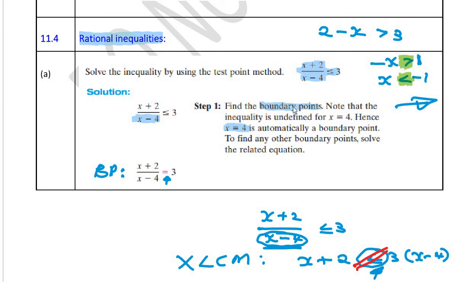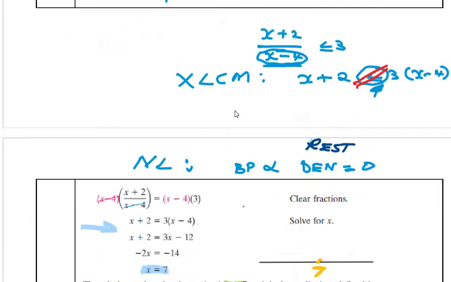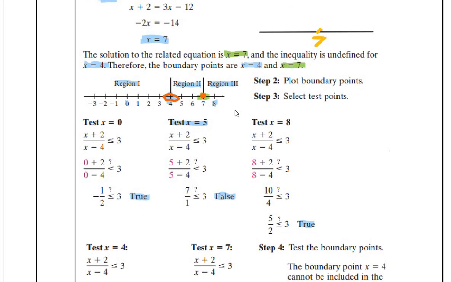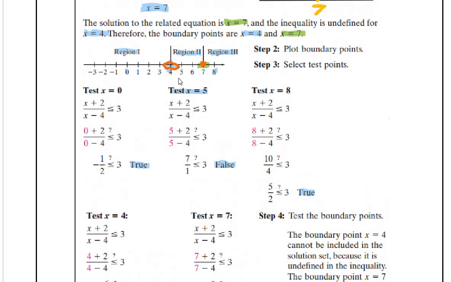Now I found the boundary point and the restriction, and now I'm testing inside my regions. I go to region 1 and test any value inside that region. I decided on 0, and I check if this is less than 3, and I see it's true, because my original inequality must be less than 3.